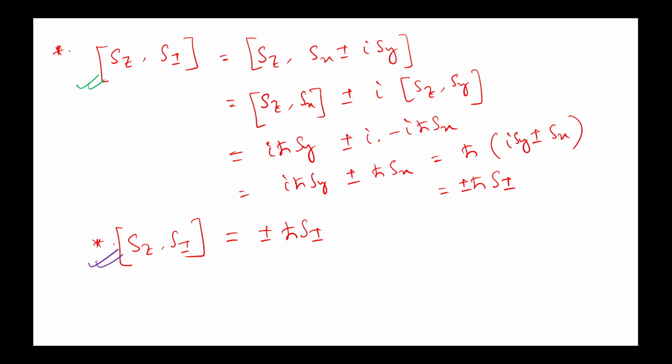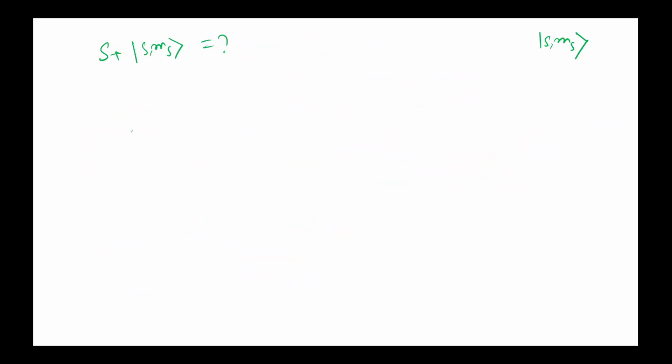So obviously this alpha and this beta spin are not going to be the eigenvectors of S plus and S minus, right? So instead, let's find out this quantity: Sz operating on S plus minus |s, ms>.